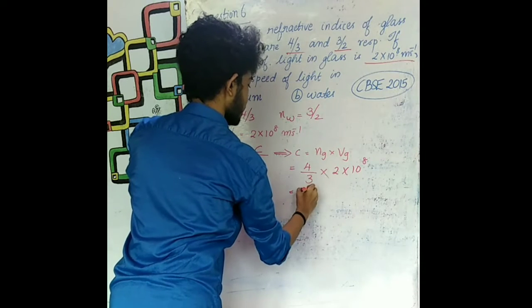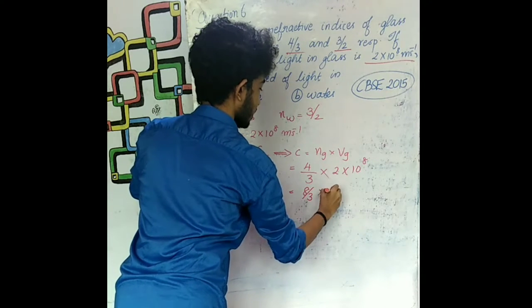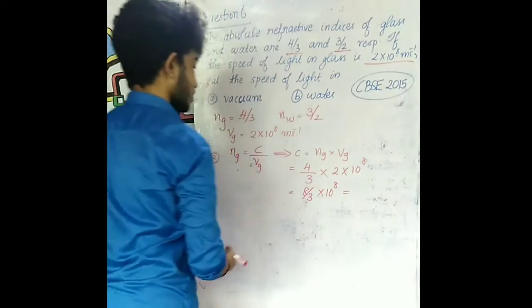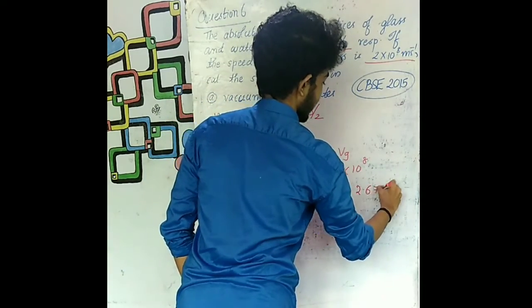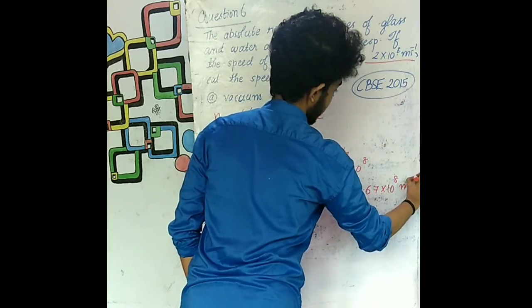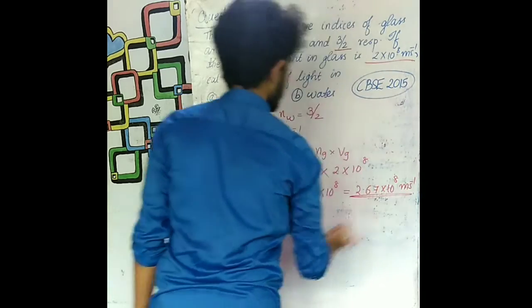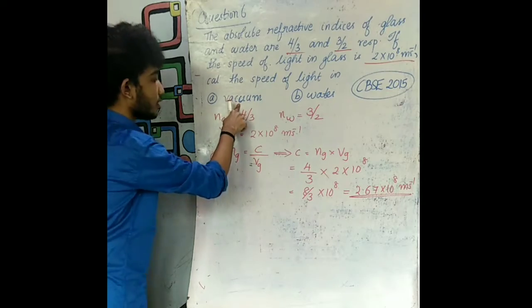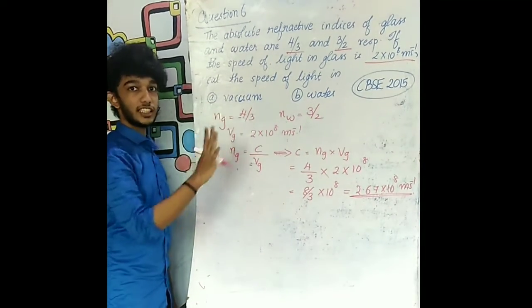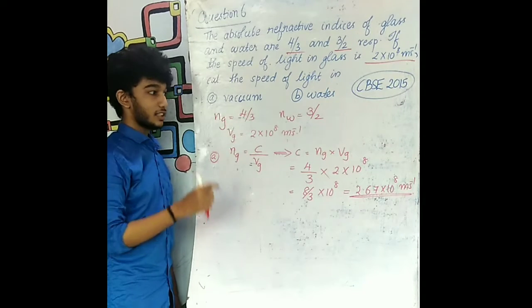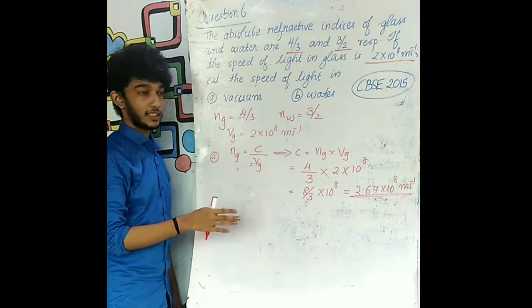On doing this, we get 8 by 3 into 10 raised to 8 meter per second, which is equal to 2.67 into 10 raised to 8 meter per second. This should be our answer about the speed of light in vacuum. See, this is not 3 into 10 raised to 8 because they have changed the value in the question. So we have to do and find out the answer.